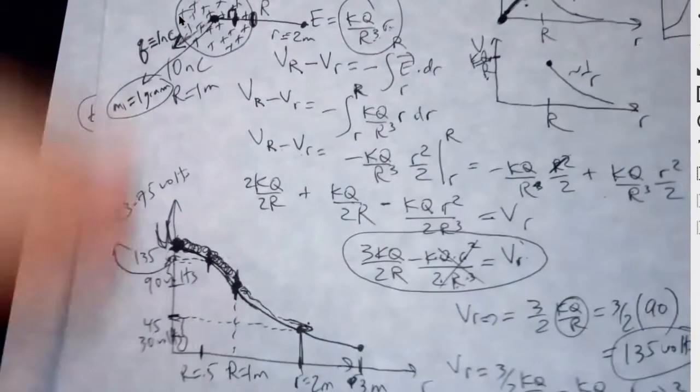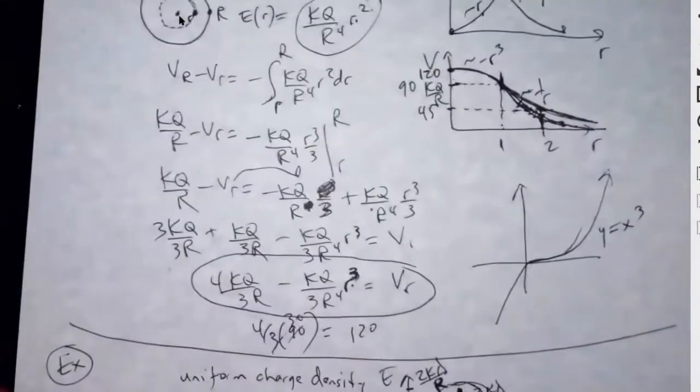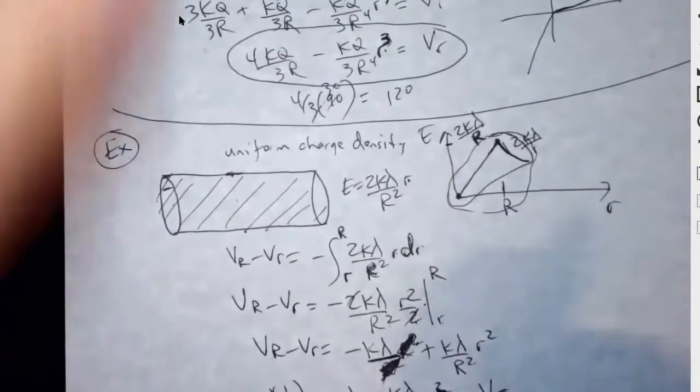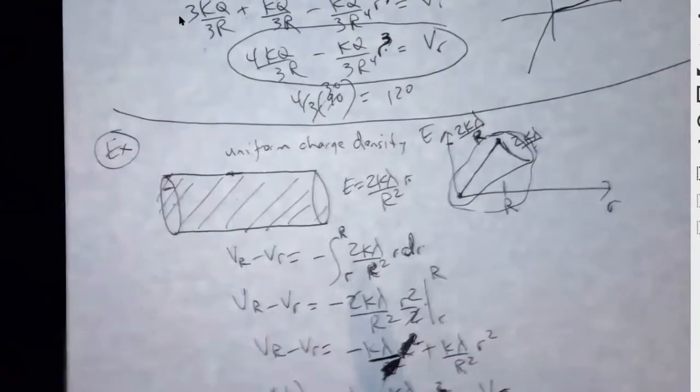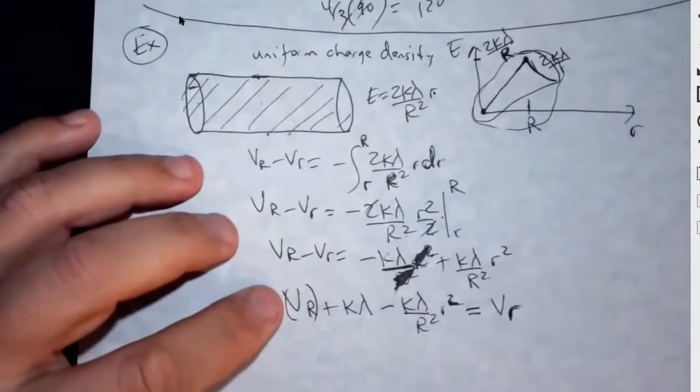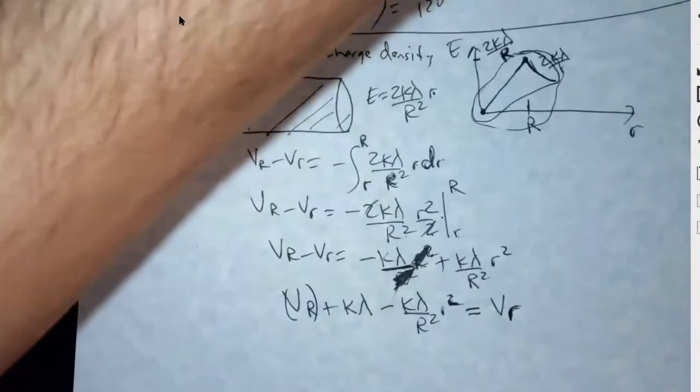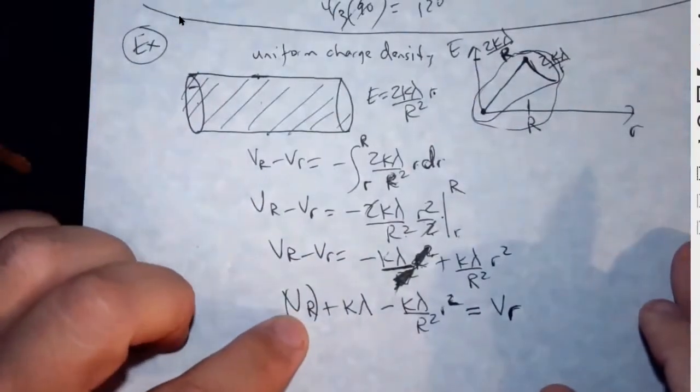So let's do this here. In other words, I don't really need to know what the voltage at the surface is. So let's say the voltage at the surface is unknown.